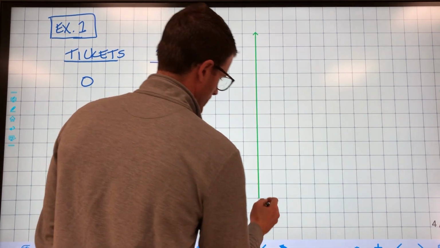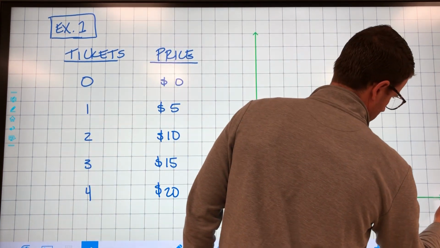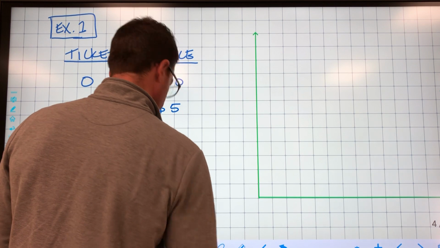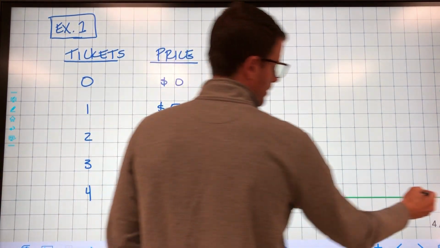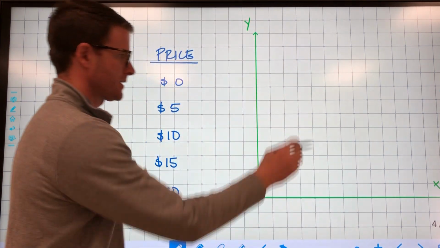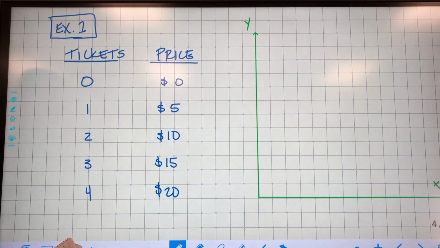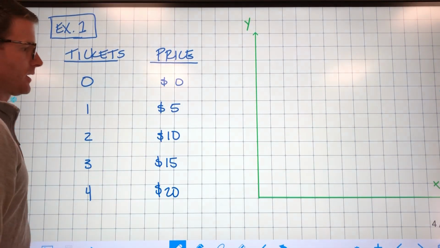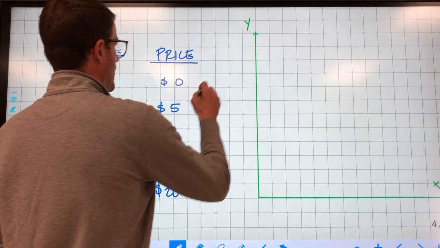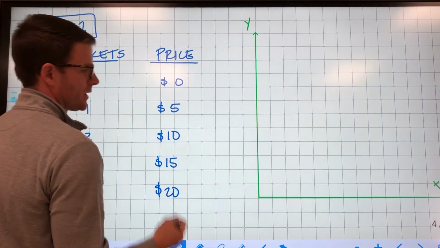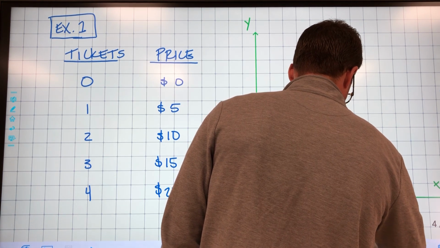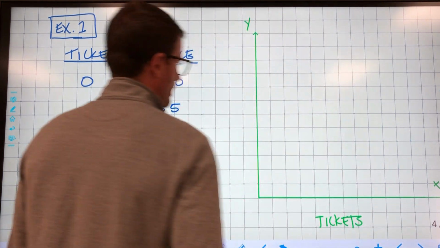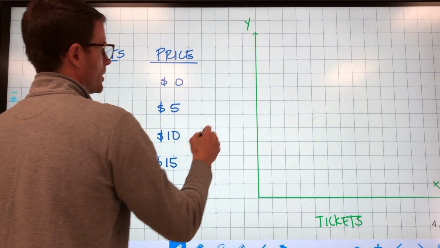So we make our X and Y axis. I'm only doing this quadrant because I know that it's always going to be positive. We'll say that my X axis, my input, is the number of tickets, and my Y axis, my output, is the price.